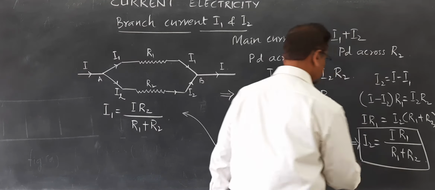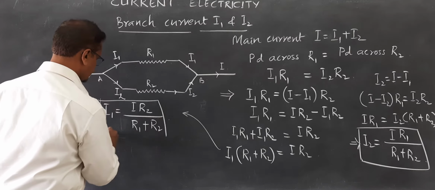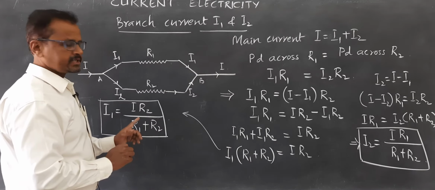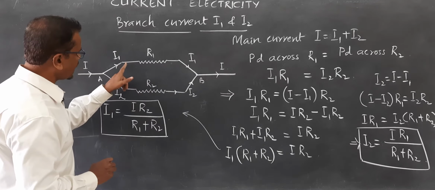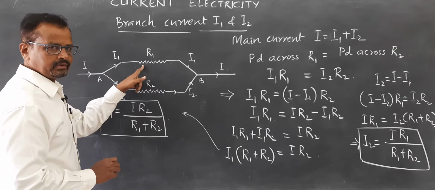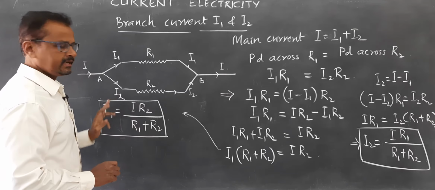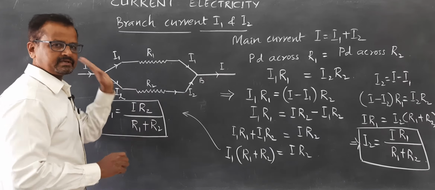This is how we find out the branch currents. Very interestingly, we can write branch current I1 through R1 is equal to main current into resistance of the other branch divided by total resistance R1 plus R2.